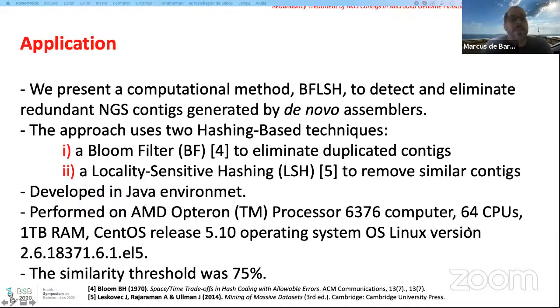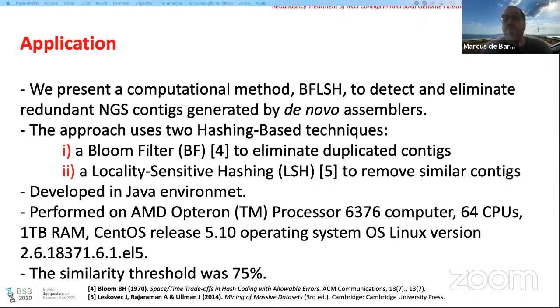Well, in the application, we present a computational method we call BFLSH to detect and eliminate redundant NGS contigs generated by the de novo assemblers. The approach uses two hashing-based techniques. The first is a Bloom filter.